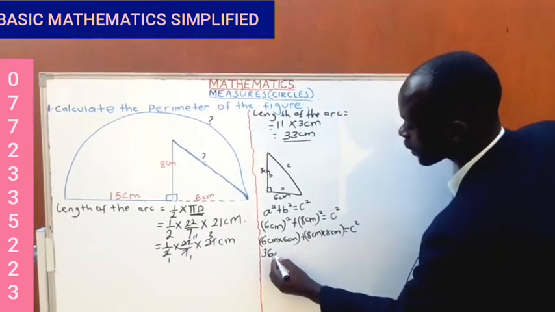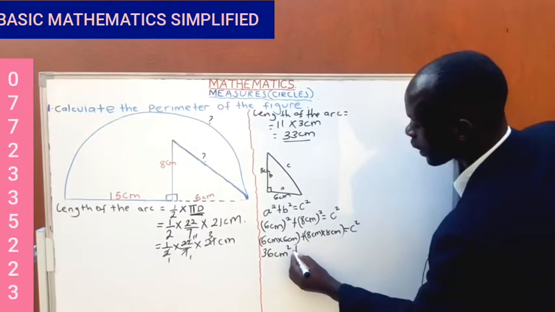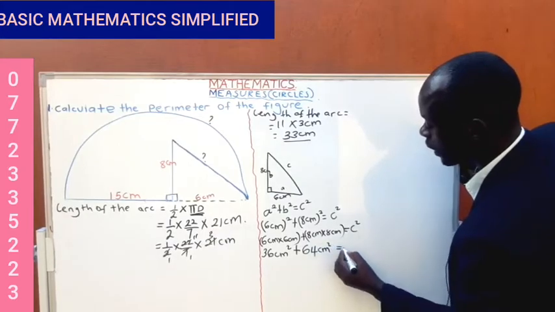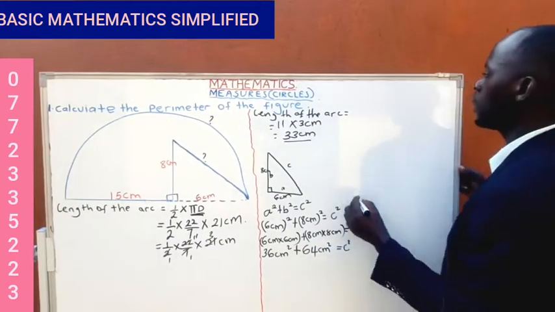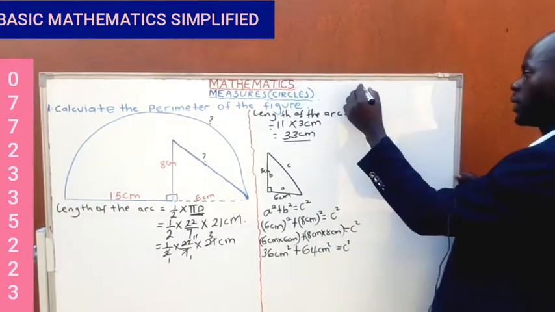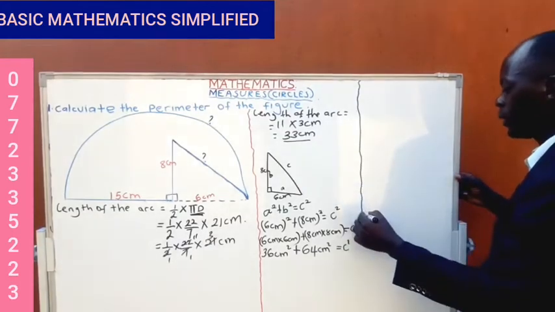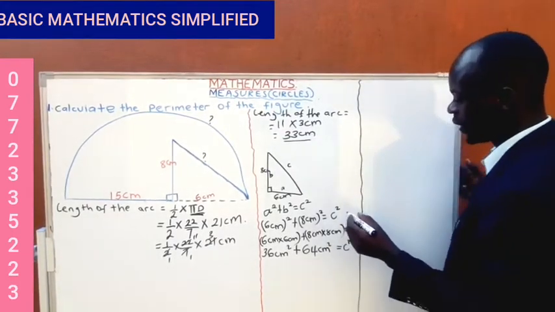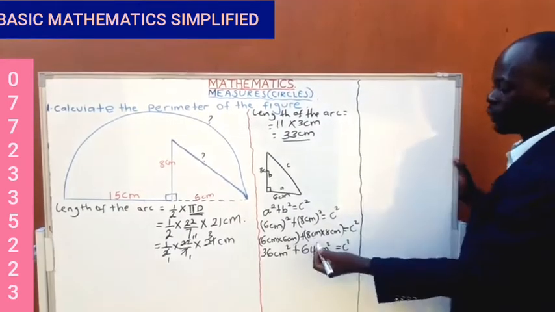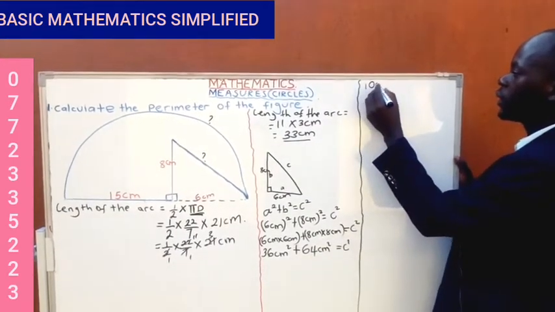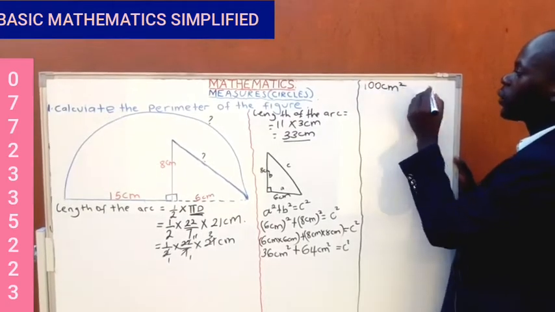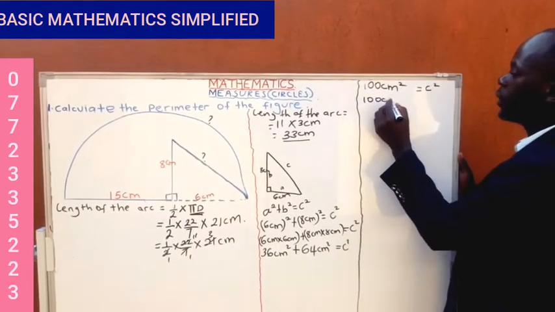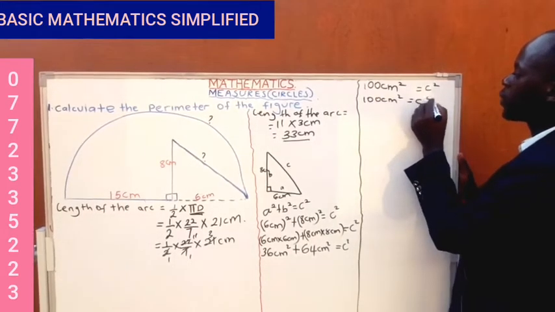That gives you 36 square centimeters plus 64 square centimeters equals C squared. Now from that point, we have 36 plus 64, which is 100 square centimeters equals C squared.